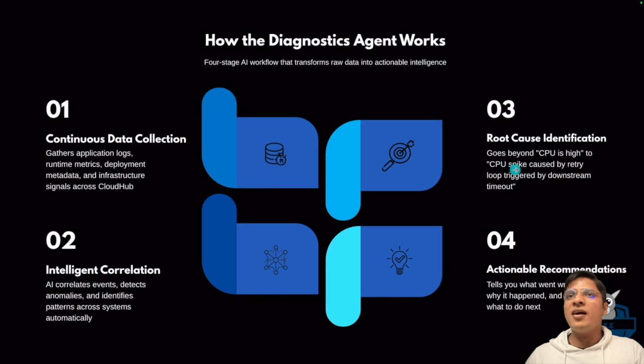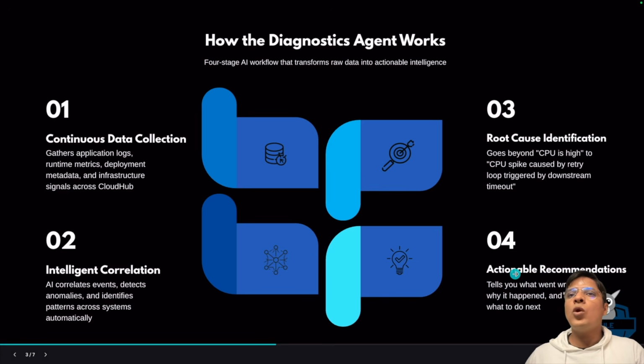This is not just data. This is an understanding of your Anypoint platform from A to Z. And it won't stop here. It goes beyond this and tells you what went wrong, why it happened, and exactly what to do next.